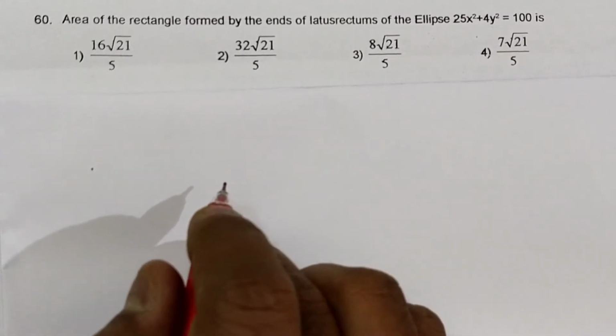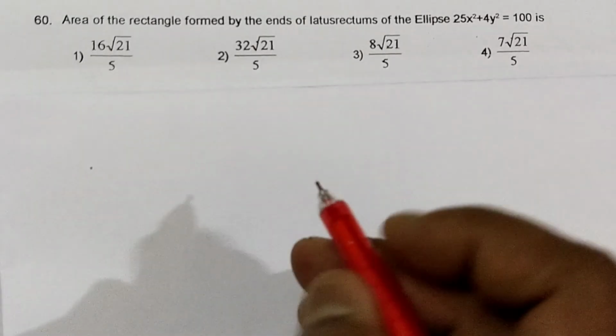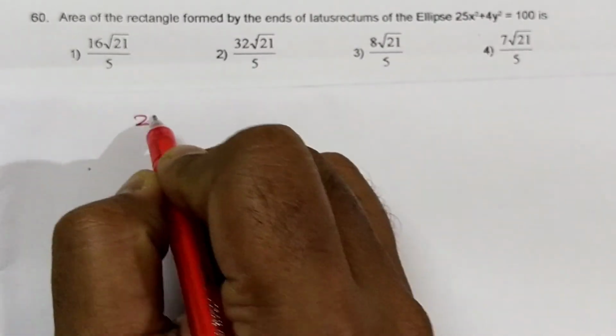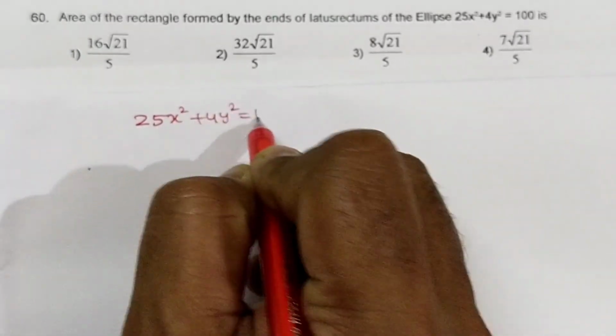The area of the rectangle formed by the ends of the latus rectum of the ellipse 25x² plus 4y² equal to 100 is... So first the equation of the ellipse, 25x² plus 4y² equal to 100.